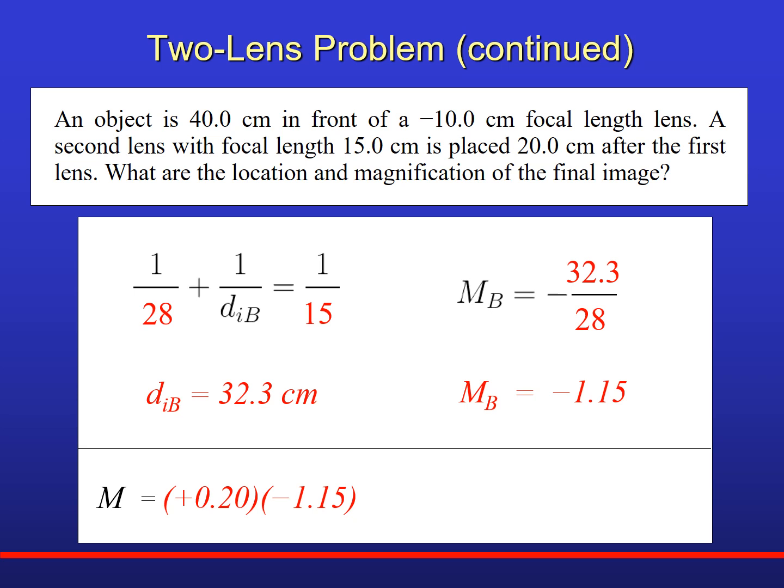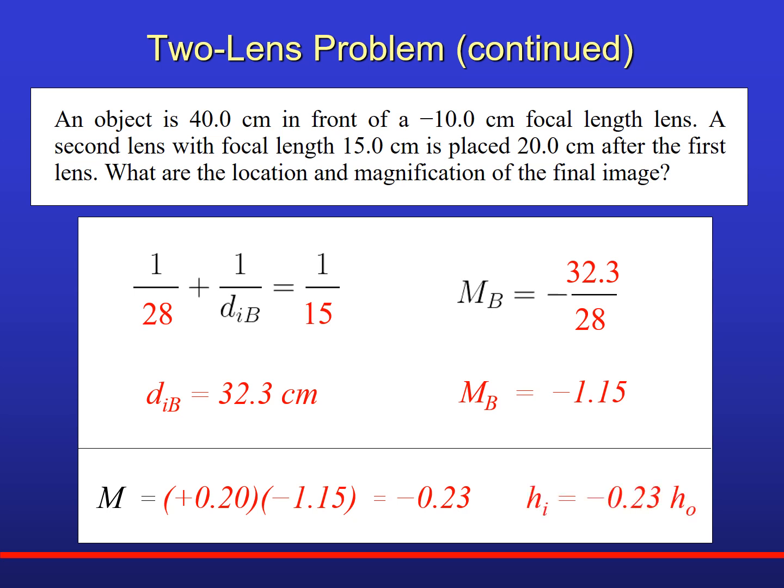If you need to go back, look at your notes, back up the video. M sub A was a virtual image of plus 0.20. Here's the second one, m sub B. That's a real inverted image, negative 1.15. That product. This is the overall magnification from the two lenses. An inverted image, negative 0.23.